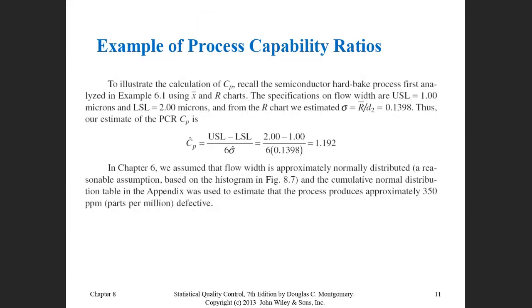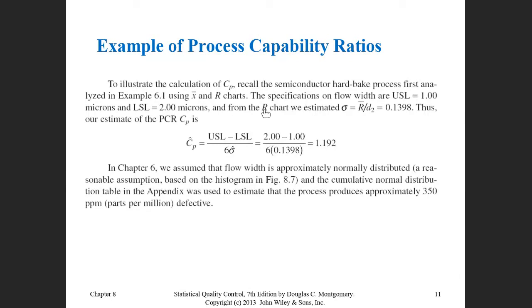We will see an example here. This is an example, and it shows how the value is calculated. The example here has an upper specification limit given at 1 micron and a lower specification limit of 2 microns.